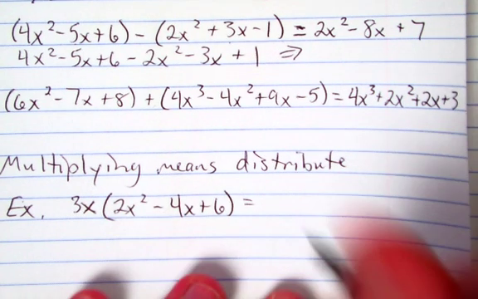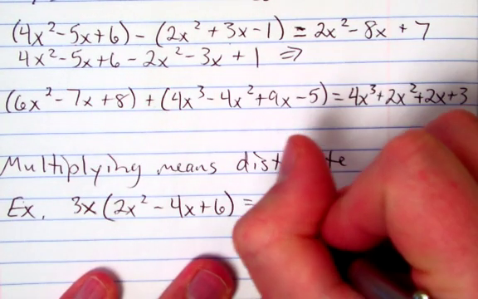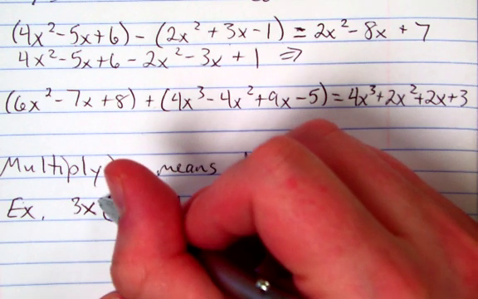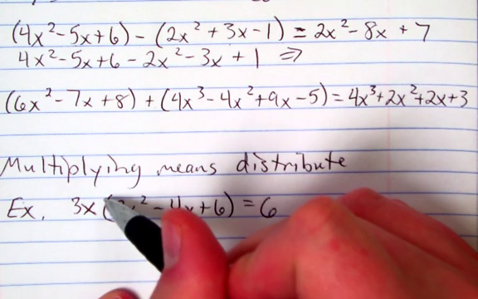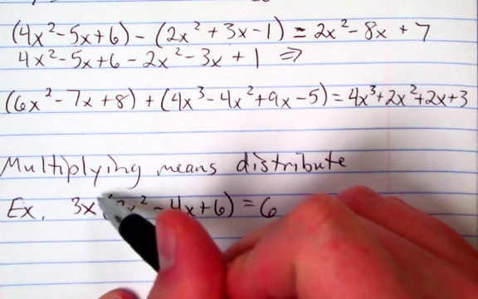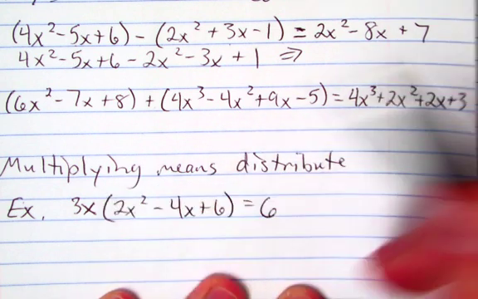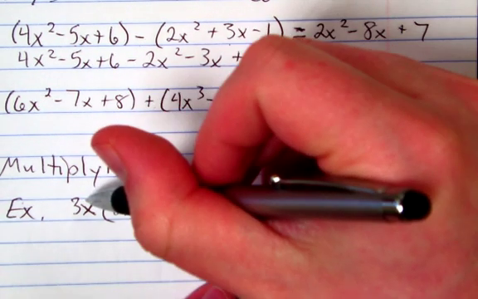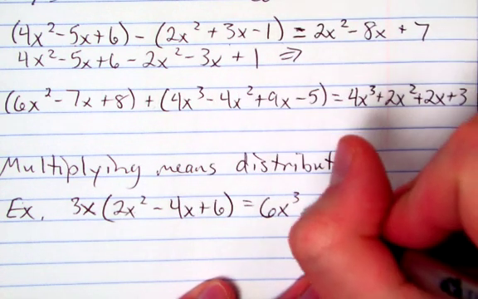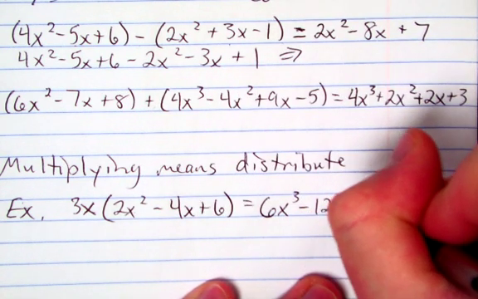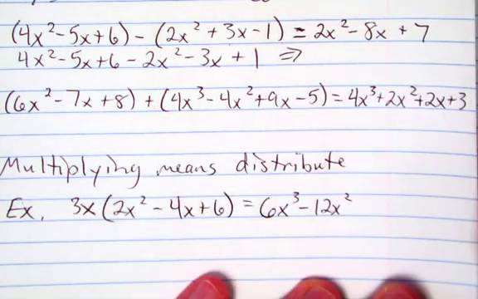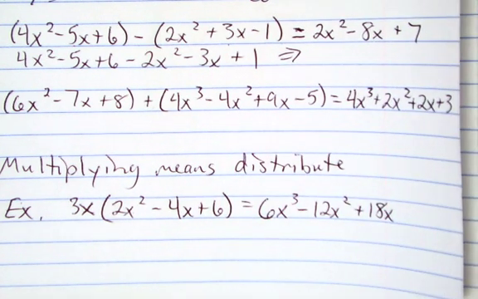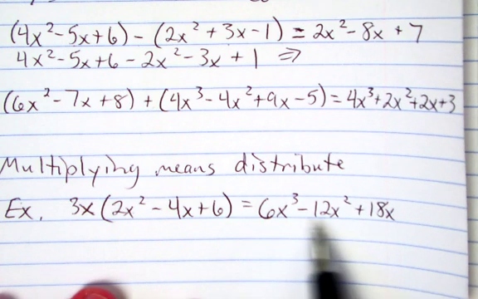So 3x times 2x squared, multiply the coefficients together, so 3 times 2 is 6. X times x squared means I add the exponents. I cannot see an exponent on this x, means it must have a 1, so 1 plus 2 is 3, so that's x to the third. 3x times the negative 4x gives me negative 12x squared. 3x times positive 6 is plus 18x, there's my answer. No like terms to combine.